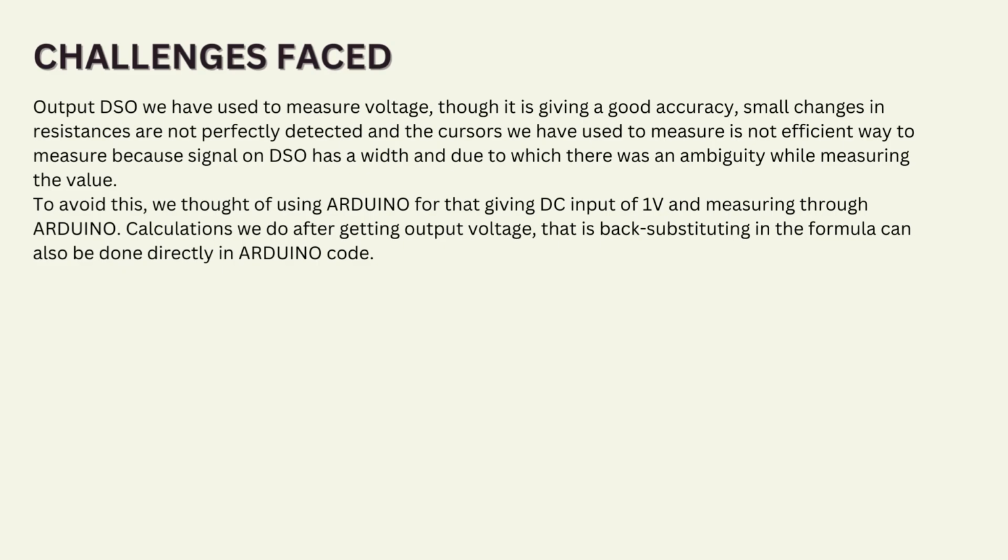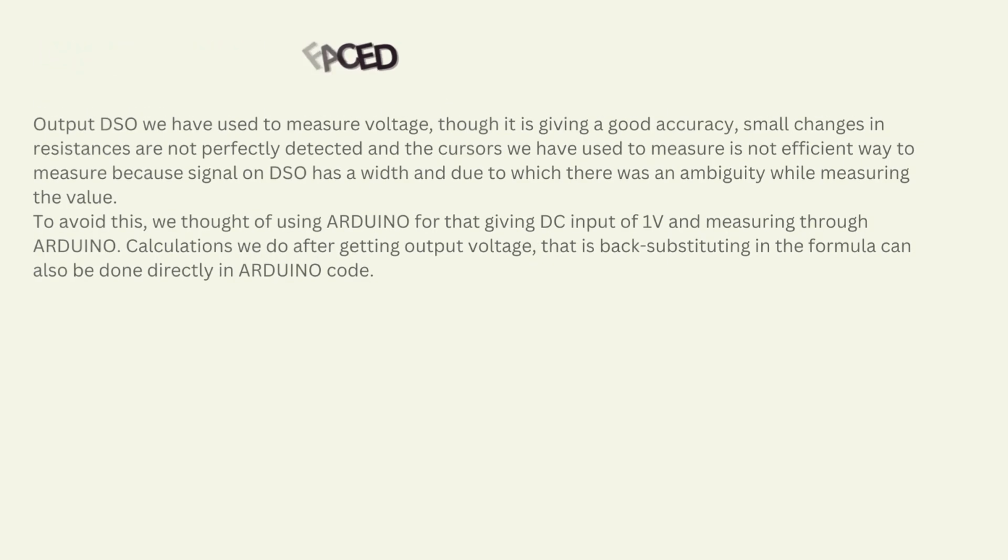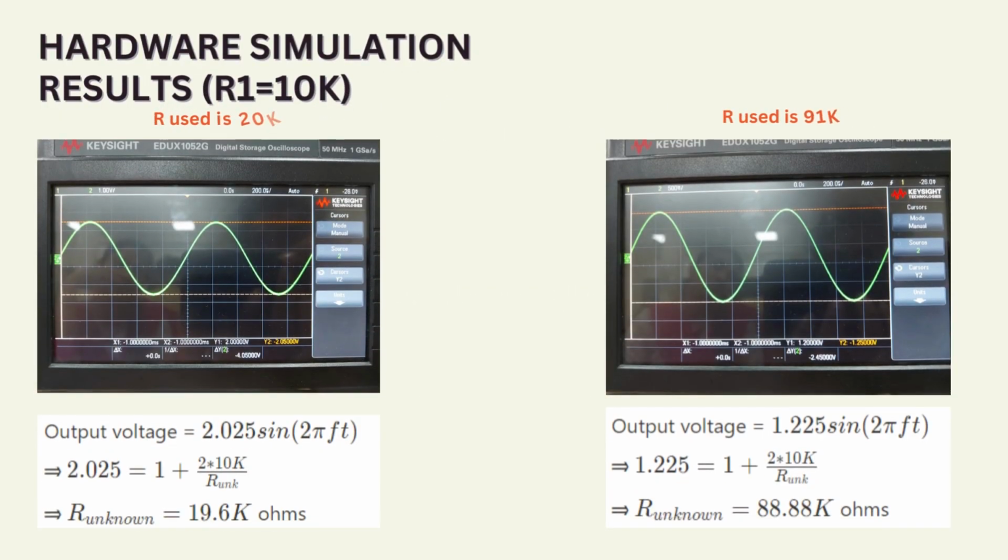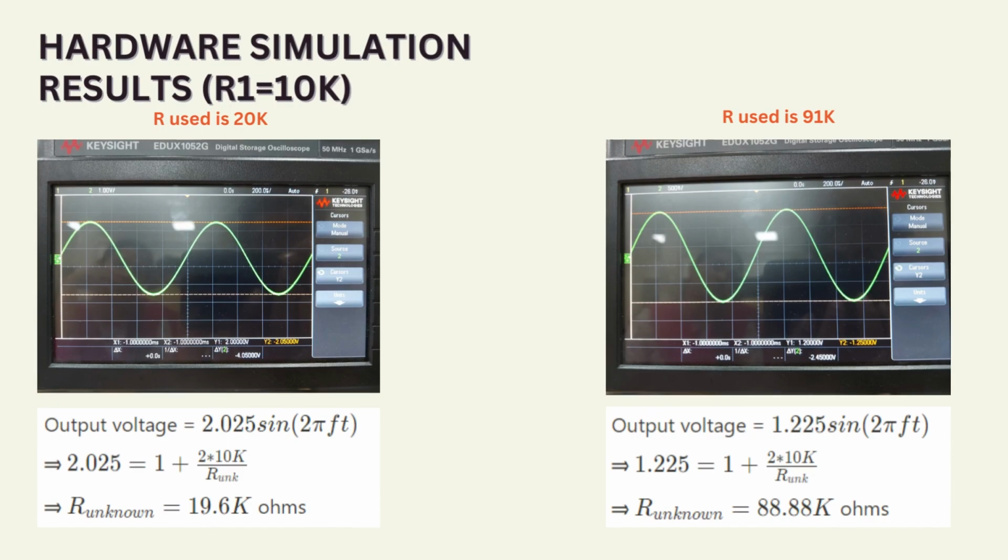If we find these types of errors, we can measure the output voltage around 100 times and average it, so that small changes are averaged out, and their effect on the output voltage will be very small because of the averaging process. In the Arduino code itself, we can do the reverse calculation: getting the output voltage, back substituting in the formula, and getting the unknown resistance value.